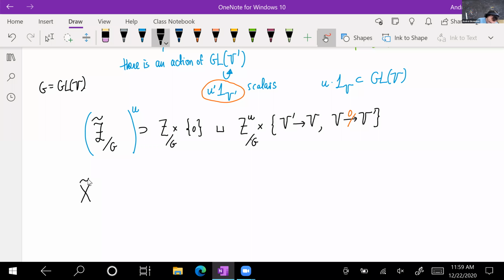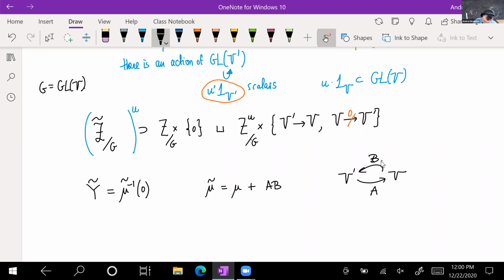Let's have the Y twiddle to be the pre-image under the twiddle map of 0. So the twiddle map is whatever it was before plus AB, where I have V going to V. So this may be A, and this is the map B. And then I similarly define X twiddle to be Y stable mod GL V.